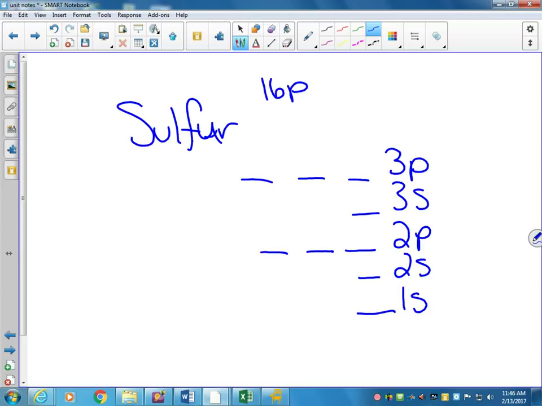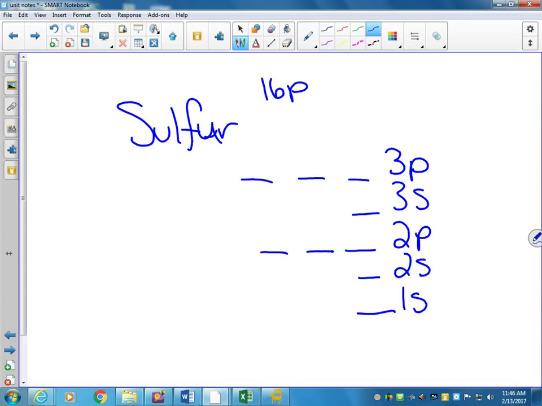Now, if sulfur, and I just said sulfur atom, it has the same amount of electrons, right? What if I said sulfur minus 2 ion? So how many electrons would I draw if it was a minus 2 ion? 18, because I need 2 more negative charges.